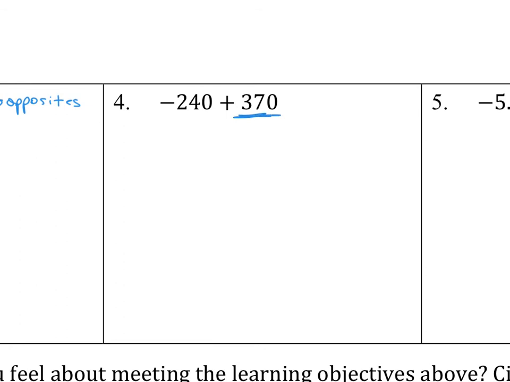To figure out what the number is, I also know I'm going to have to subtract these two. So I'm just going to line this up vertically. So when I subtract, 0 minus 0 is 0, 7 minus 4 is 3, 3 minus 2 is 1. So I know my answer is going to be positive 130.